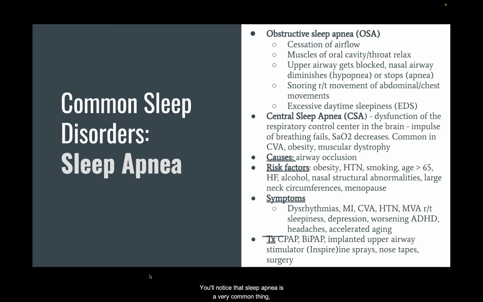You'll notice that sleep apnea is very common in patients who are obese. Others are hypertension, heart failure, smoking, age greater than 65, alcohol use, and nasal structural abnormalities. People with large neck circumferences are also at risk for sleep apnea, and so are women in menopause.